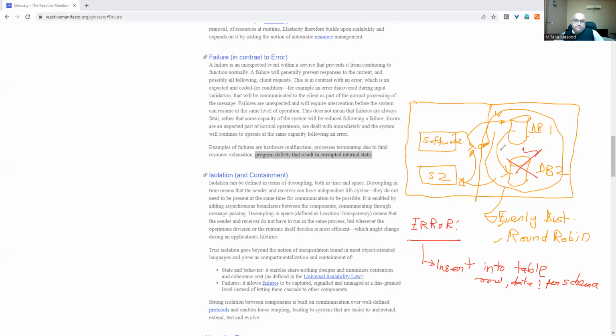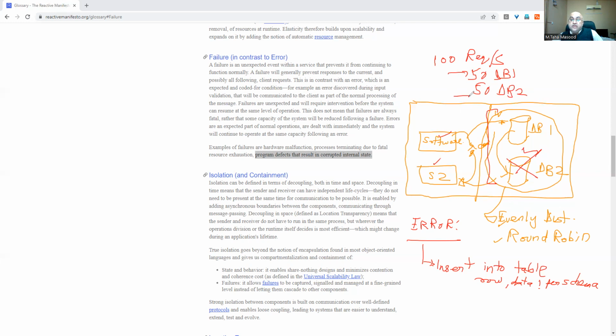If this happens, remember all the time this cluster is replicating state internally. What will happen? From the external point of view, the database is still there, right? Both of these software will keep working. Database writes will keep on happening. Database reads will keep on happening. However, if you remember, we said that 100 requests per second on average were coming into this database cluster, and 50 were handled by DB1 and 50 by DB2.